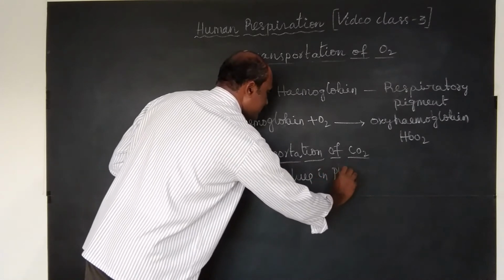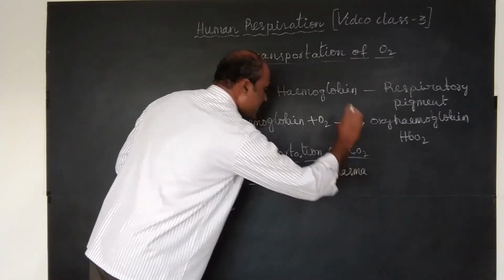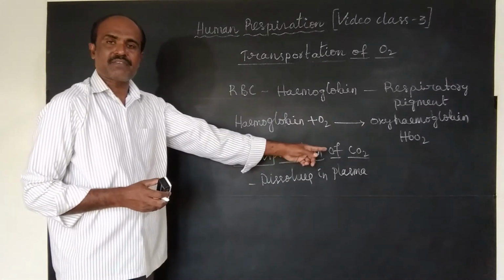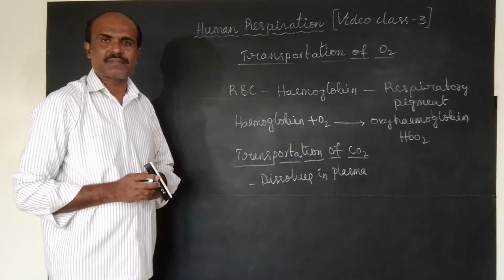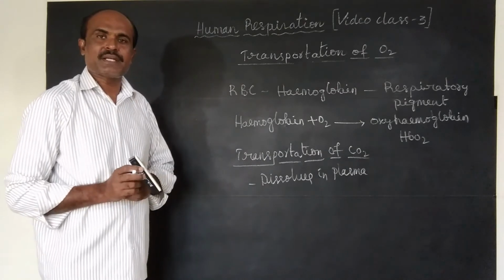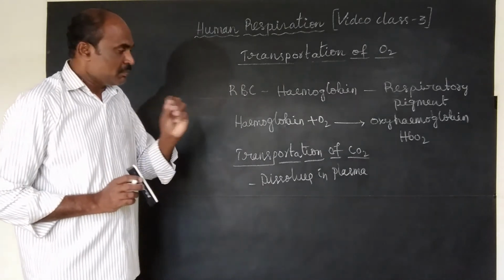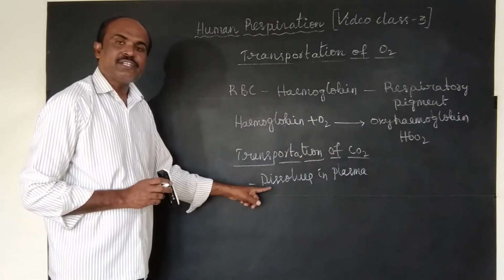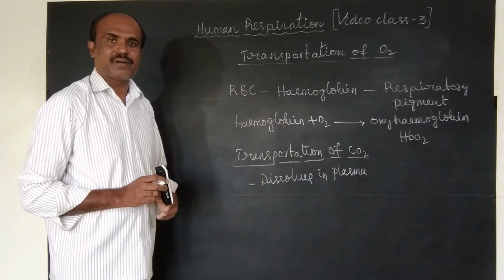Dissolves in plasma. Hemoglobin does not play a major role in transporting carbon dioxide from cells to lungs. Of course, least percentage. But maximum carbon dioxide is transported in dissolved state in plasma.